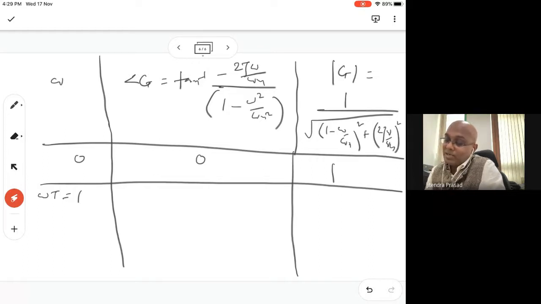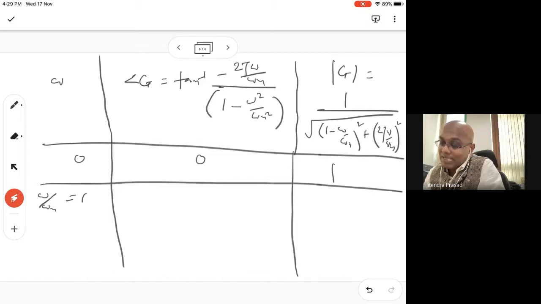There's no t here, since t appears only in a first order system, so we have omega over omega n. When omega over omega n equals 1, what happens? In that case, it will be resonance, basically.